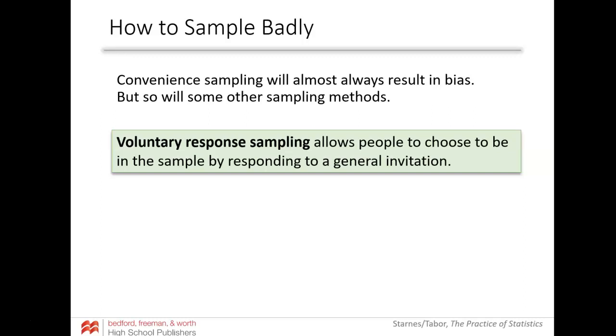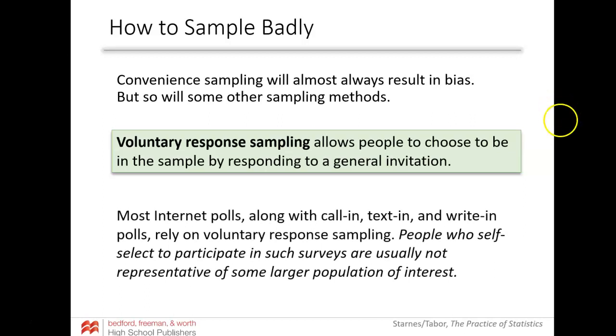And maybe someone who didn't have a good experience would volunteer to return their response. But someone who didn't really care was kind of like, whatever, it was fine. They're not going to bother to fill that out. So voluntary response sampling can often introduce bias as well, because you're only getting the information from people who want to respond. So most internet polls, call-in, text-in, write-in polls, they're voluntary responses.